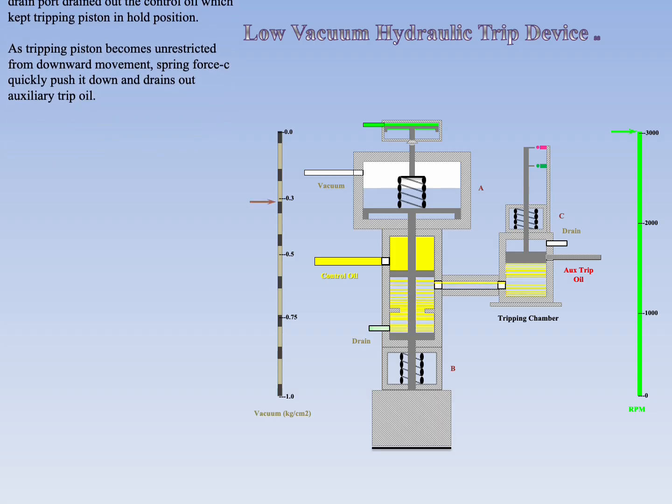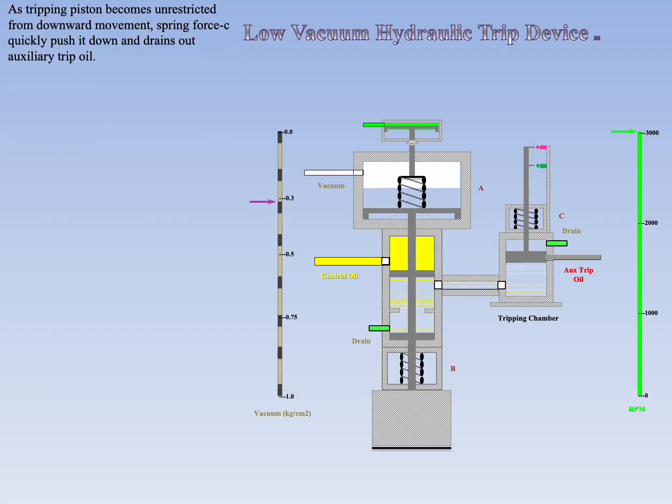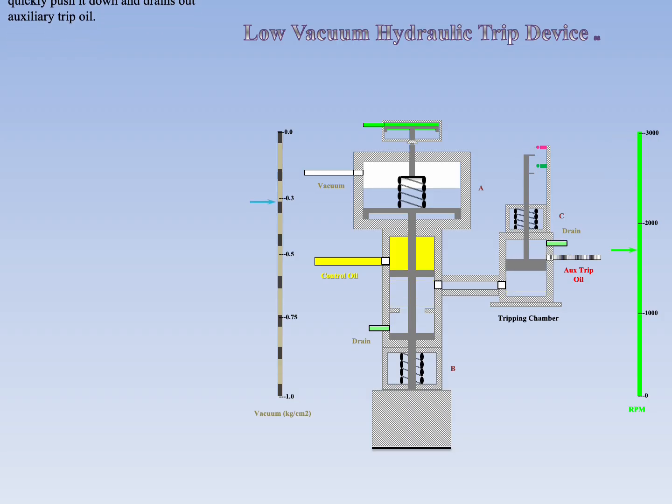As the tripping piston becomes unrestricted from downward movement, spring force C quickly pushes it down and drains out auxiliary trip oil.